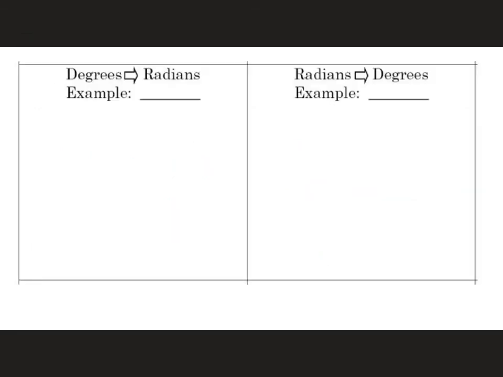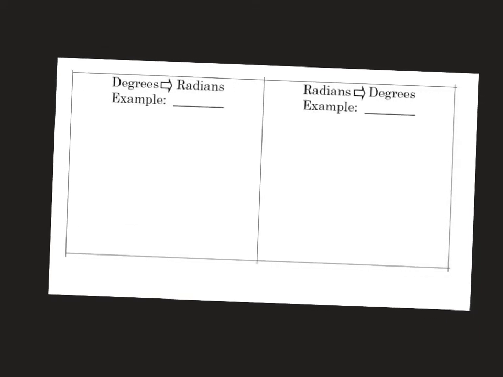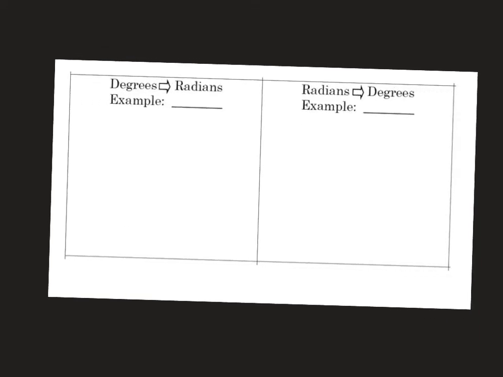So what happens if we have degrees and we need to turn them into radians? Or if we have radians and we need to turn them into degrees? Well, we're going to use a fairly simple setup for them. Say, for instance, we had 90 degrees. I wanted to turn that into radians. Well, whatever my original degree measurement is, I'd multiply that by pi over 180.